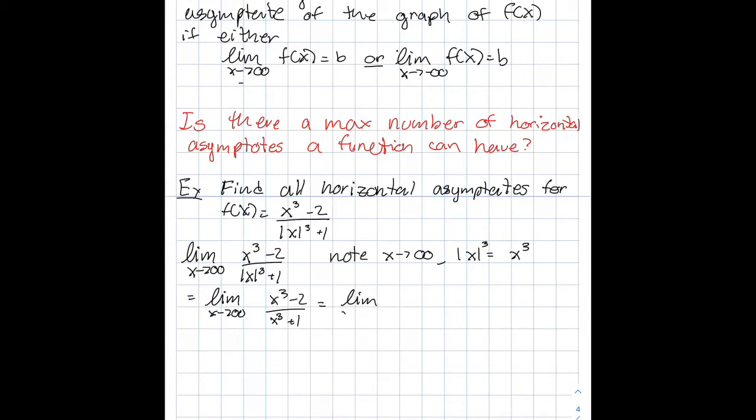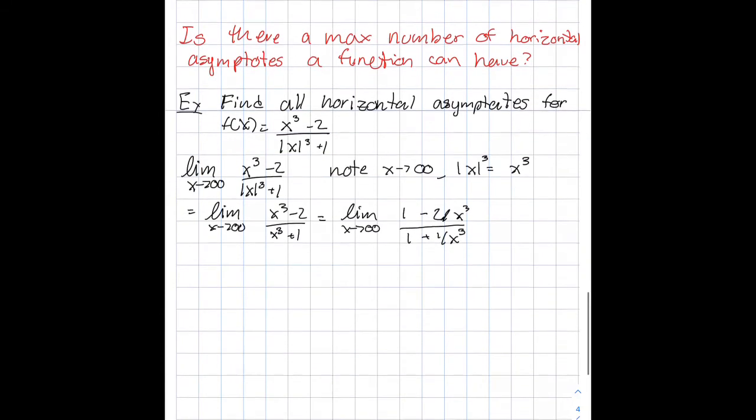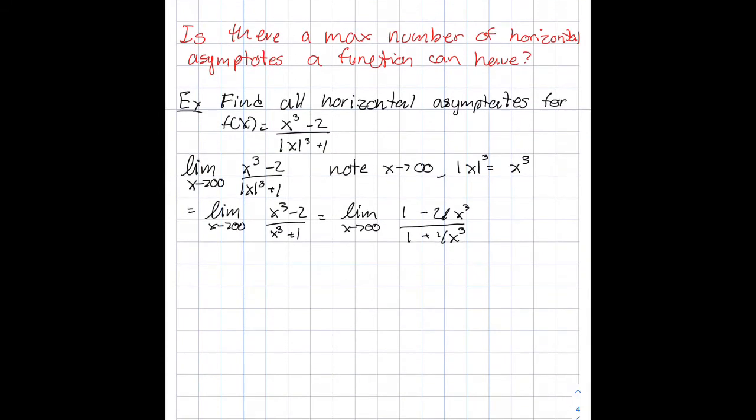Our highest power in the denominator is x cubed. So we'll get 1 minus 2 divided by x cubed over 1 plus 1 divided by x cubed. Going a little faster now. If you need to pause and work that through, by all means, please do.